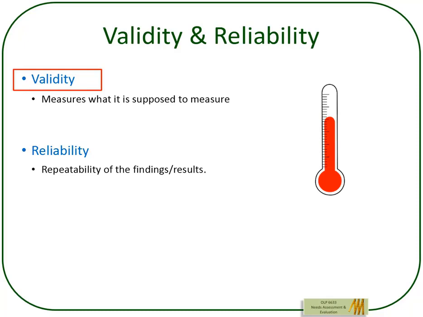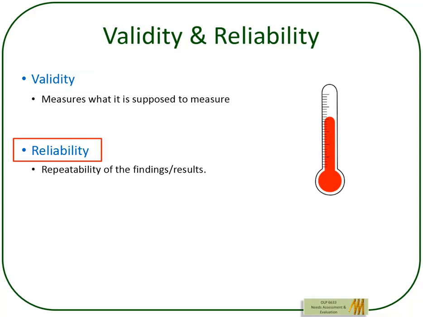We want to make sure that it measures what it's supposed to measure. If it's a thermometer, it's supposed to measure temperature. If you're looking to see if someone is able to effectively coach, then it needs to measure people's ability to effectively coach. So validity means it measures what it's supposed to measure.